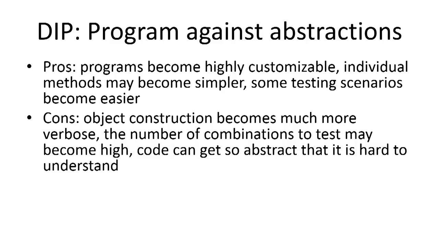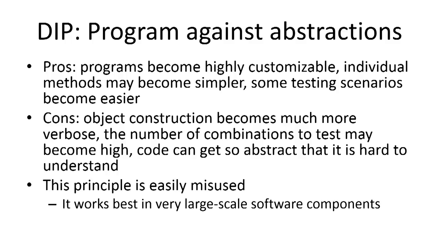And sometimes the code just gets so abstract that it gets really hard to understand. So I find that the dependency injection principle is sometimes misused, and that really it works best in very large-scale components, where you're working at industry scale, where you're working with large databases and things like that. So don't go overboard with this one.